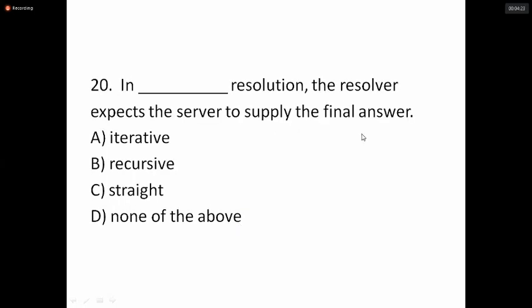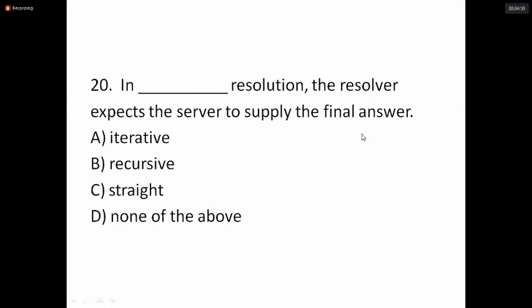In dash resolution, the resolver expects the server to supply the final answer. Recursive. Yes, so there's no confusion, right? Because it is directly to supply the final answer. You know that it is not iterative. It should be recursive only. The answer is recursive.